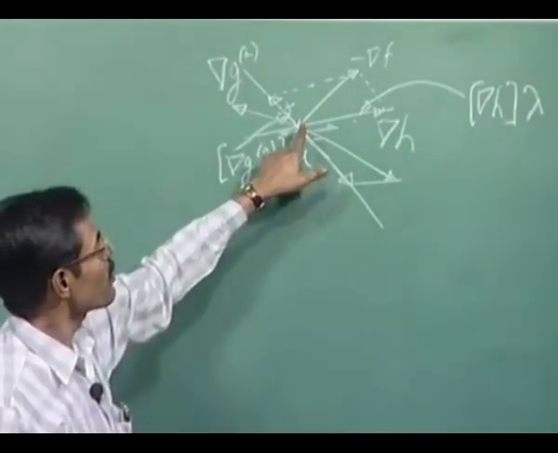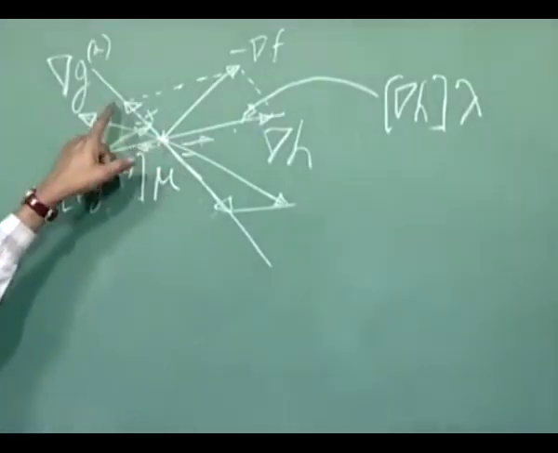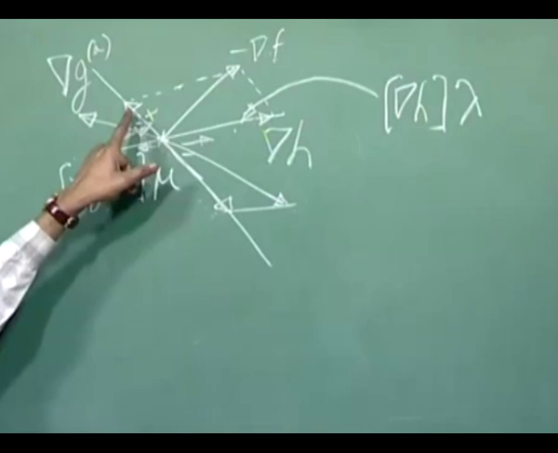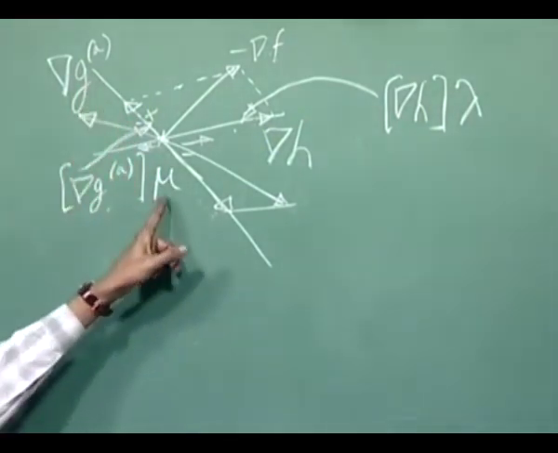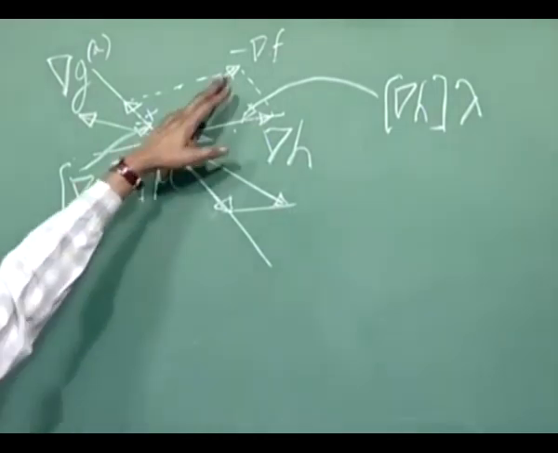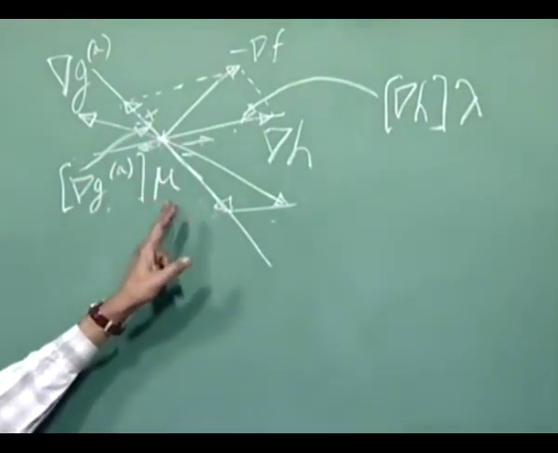So that means for this point to be a local minimum, the components along the negative gradient of inequality constraints must be positive. That is, this is allowed, but this is not allowed. So mu cannot be negative.